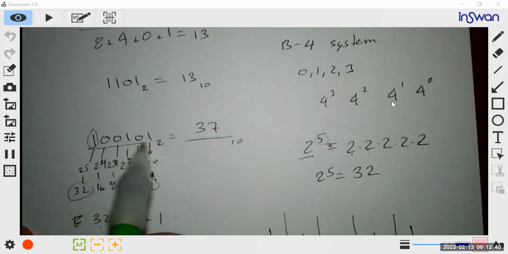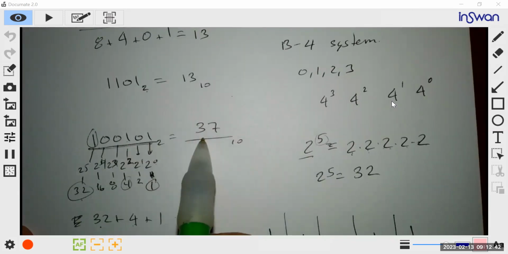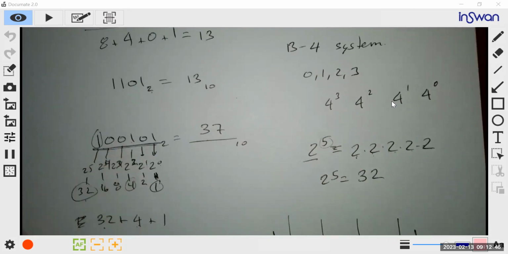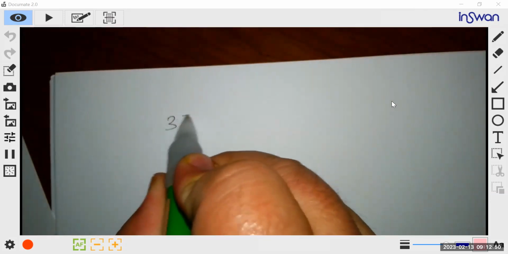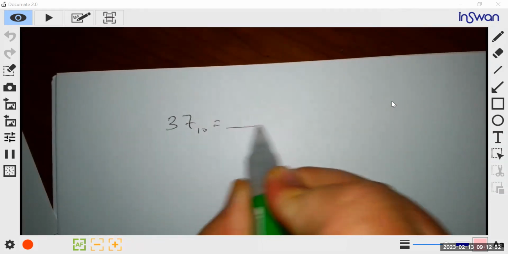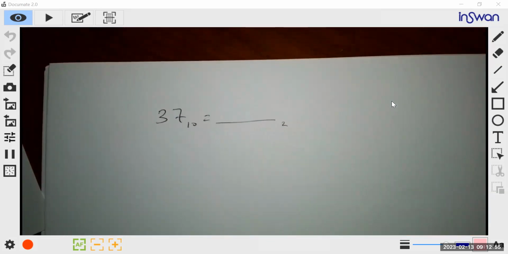Okay, we know that this number here is 37. Let's work backwards. So it's 100101. So if we start off with the number 37, I want a base 2 number.